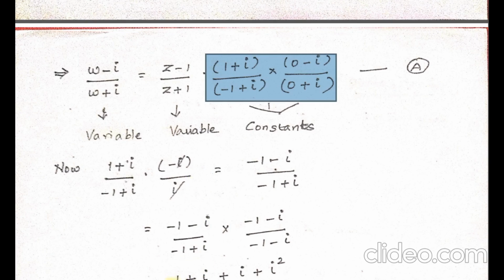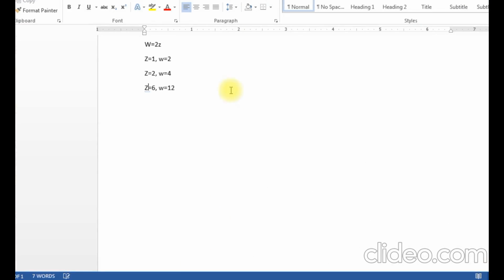See, for example, in 2 plus 3i, the real part is 2 and the imaginary part is 3. Like that we are able to find out what is the real part and what is the imaginary part.